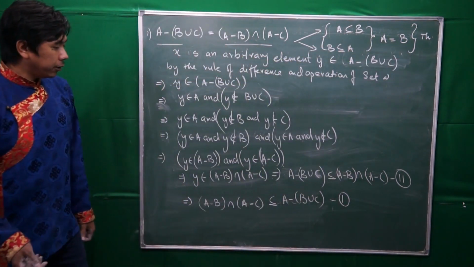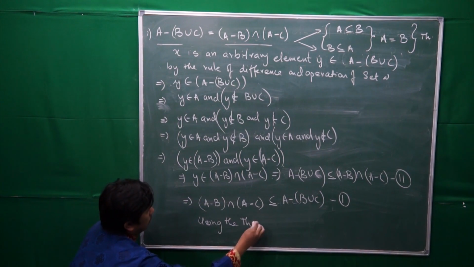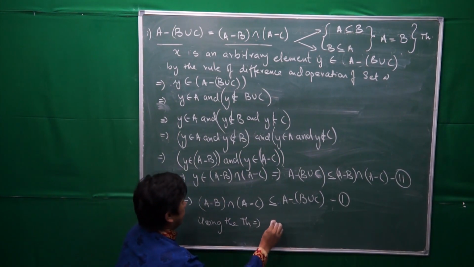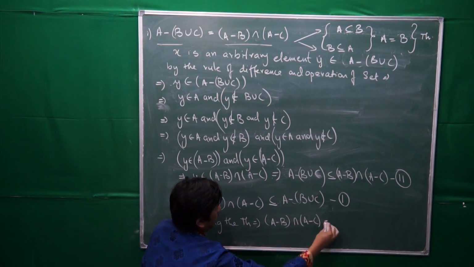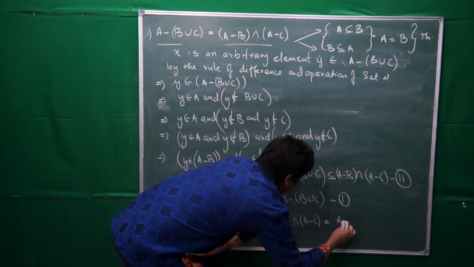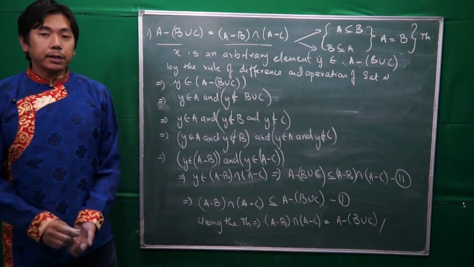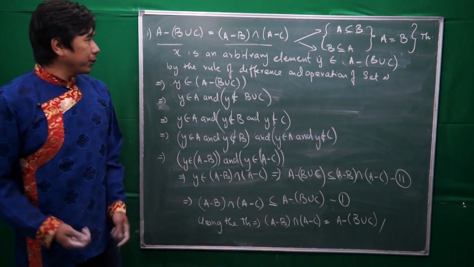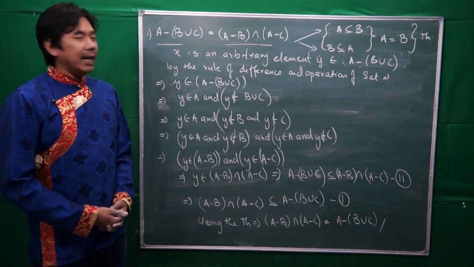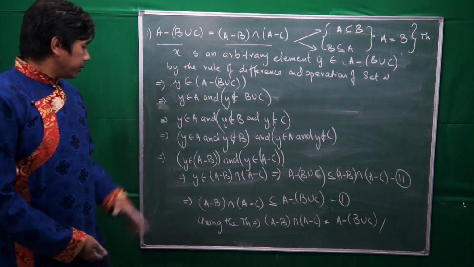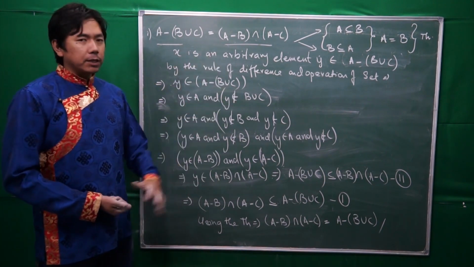So using the theorem, we can say that (A minus B) intersection (A minus C) equals A minus (B union C). This is a method of proving the given theorem, which is slightly abstract in nature, even though this is the way it is proved. Likewise every other theorem is also proved in this format.